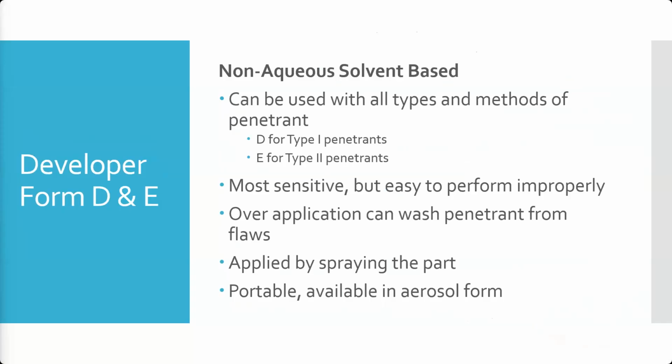And so these are applied by spraying. They're applied in a spray can, and the same rules that you use when you've learned to paint with your air sprayer or with rattle cans apply for these. If I'm applying it to my part, I need to make sure, one, that my can is well shaken up. I need to start spraying to one side of the part, smoothly bring it past, stop spraying on the other side.